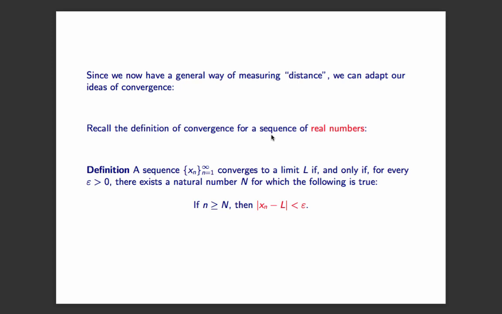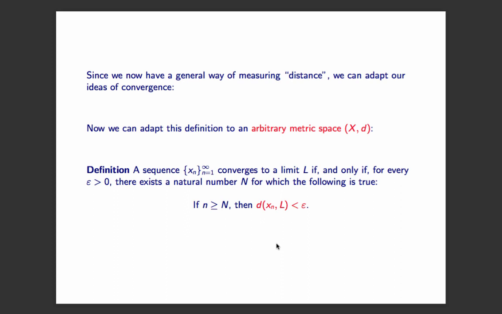So how can we adapt this notion of convergence to an arbitrary metric space, that is, a space where I have a tool to measure distances? Well, I'm just going to replace my old tool, the absolute value of the difference, with my new tool, the metric.